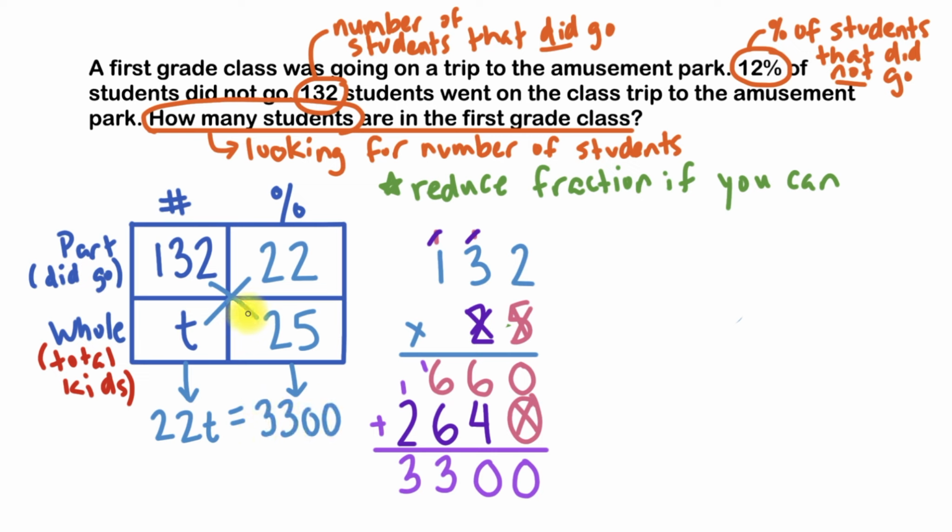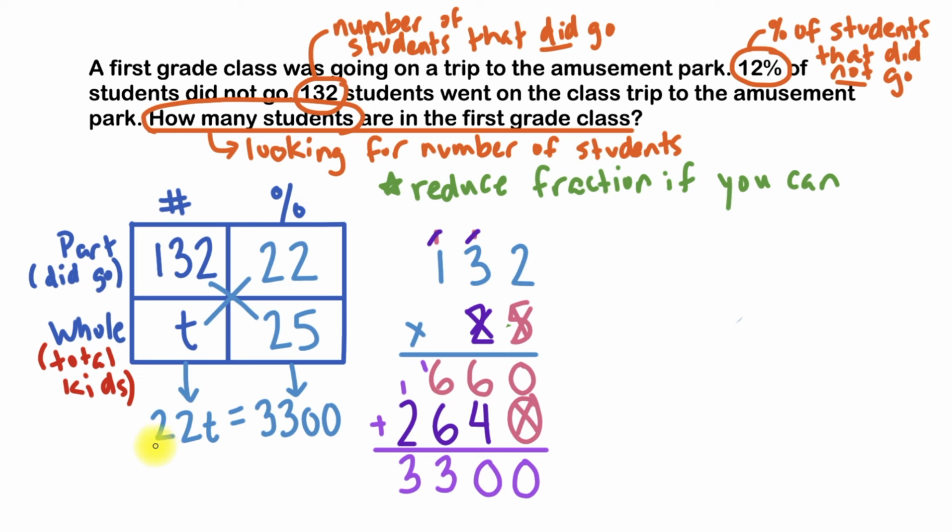So step 1 was to cross multiply, which we did. Step 2 is to divide both sides by the coefficient. In case you don't remember, the coefficient is the number in front of the variable that you're multiplying it by. So this really means 22 times t. So now we'll divide both sides by 22.